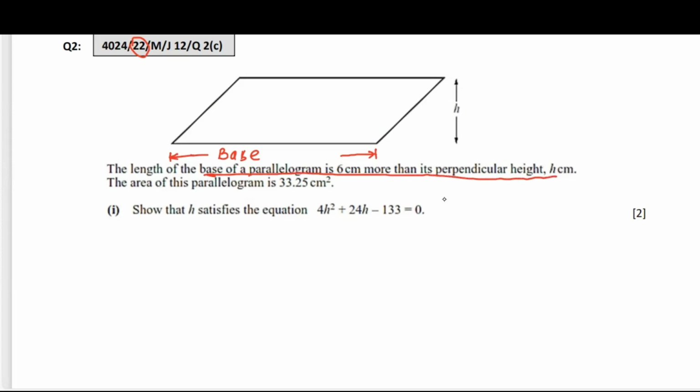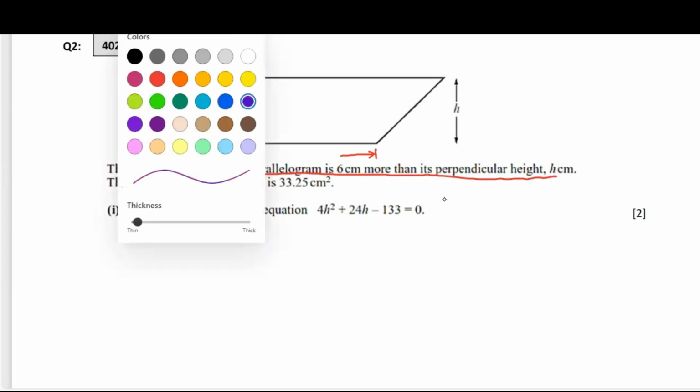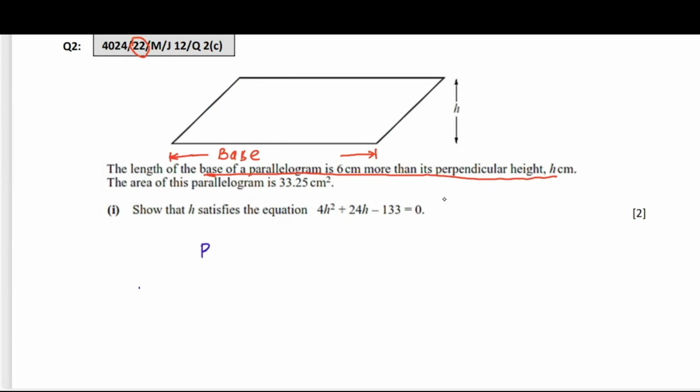So base of a parallelogram is means equal to sign. We use equal to sign here. 6 centimeters, 6 more means you have to use a positive sign, more than its perpendicular height h. This is one equation from the information, and the area of the parallelogram is given here.